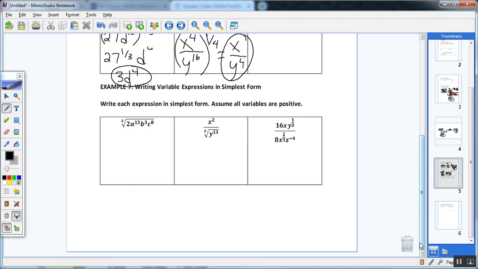All right, kids. Here we go. Things are going to get a little more difficult again. It says write each expression in simplest form. Assume all variables are what, kids? Positive. All right.